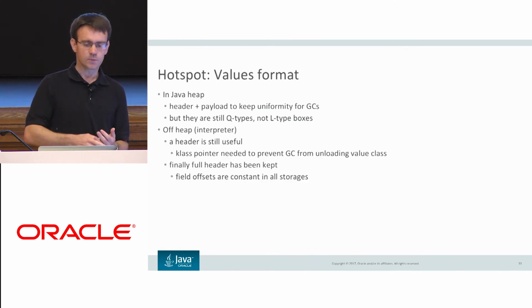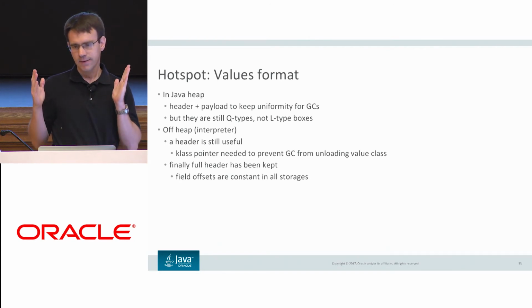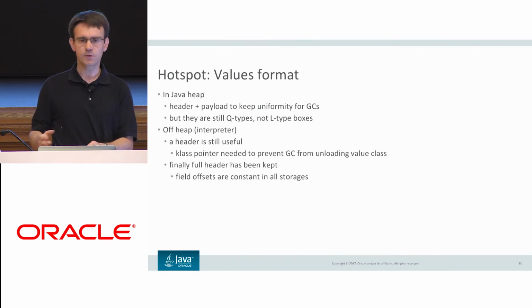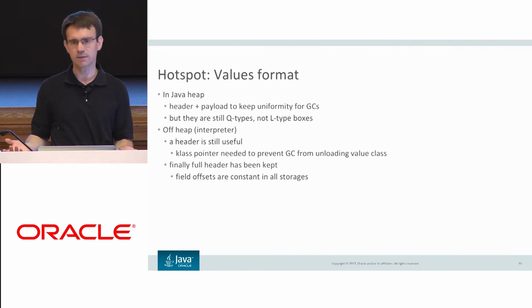For off-heap allocation performed by the interpreter, we realized that this header is still very useful, for instance to keep a class pointer to prevent the GC from unloading the value class we are dealing with. Finally, we keep a header with the same size as the one in the Java heap, which has an advantage: the interpreter code and the runtime can most of the time deal with value types without having to consider where they have been allocated, because they have exactly the same offsets for the fields.